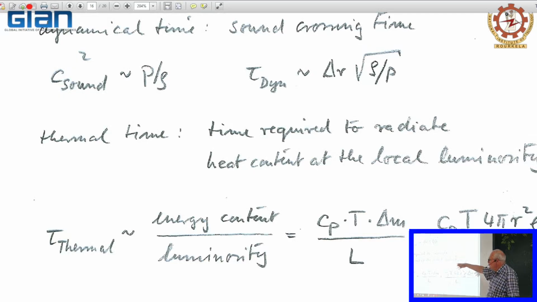So these two timescales are arbitrary because the delta R is contained in both of these timescales. But if we take the ratio of these two, then the delta R will cancel and we will end up with a proper definition, but not of the dynamical timescale and the thermal timescale themselves, only of the ratio of both.